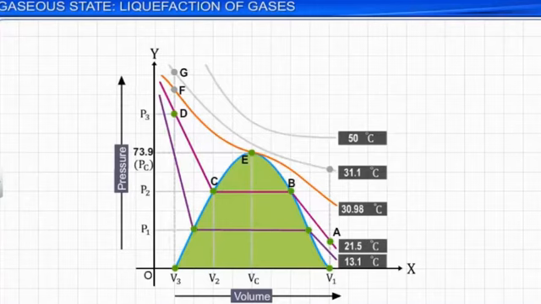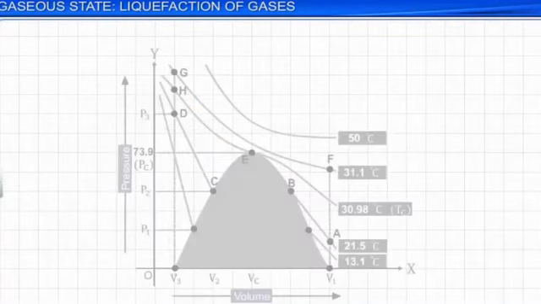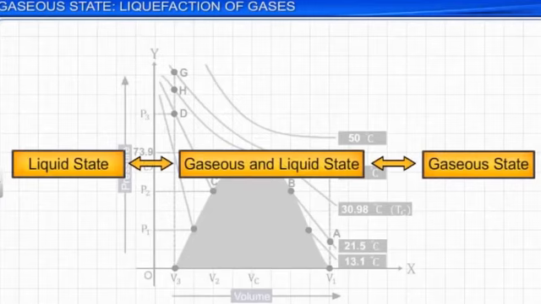Note that it is possible to change a gas into a liquid or a liquid into a gas, such that there is always a single state present, by altering the conditions of temperature and pressure.